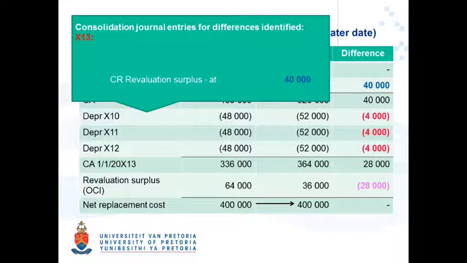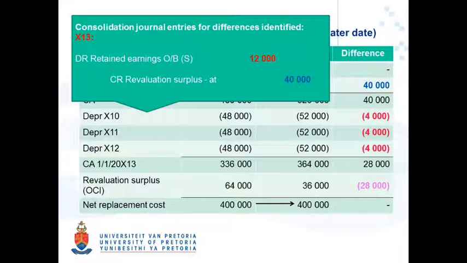There's no longer any differences relating to the carrying amount of the equipment. So none of the consolidation journal entries at this point in time should change the carrying amount of the equipment.